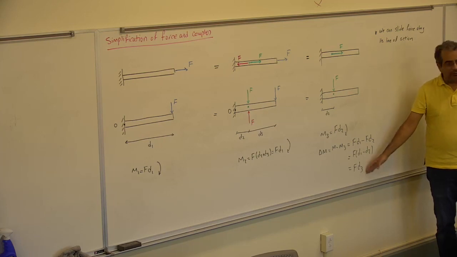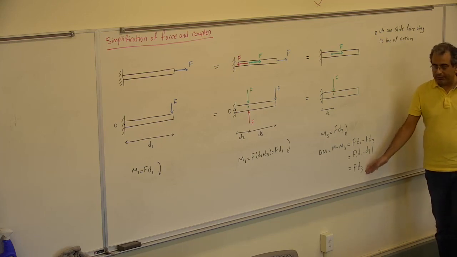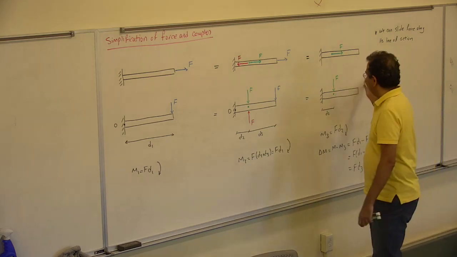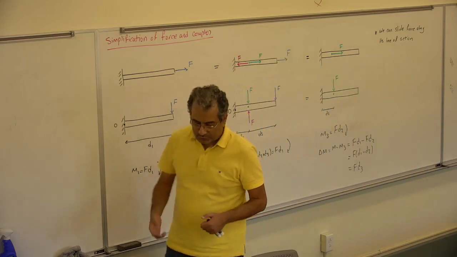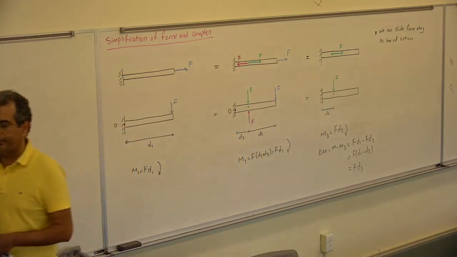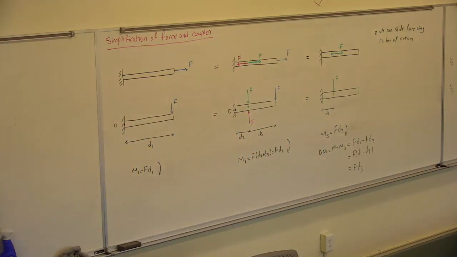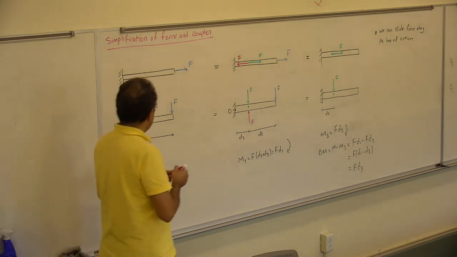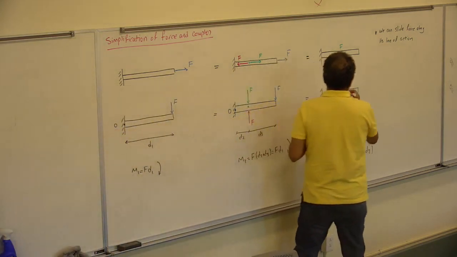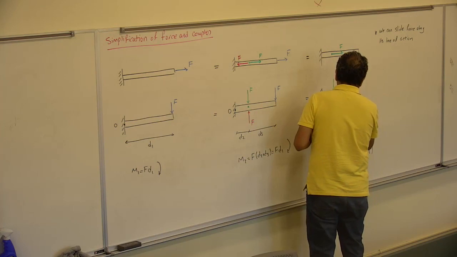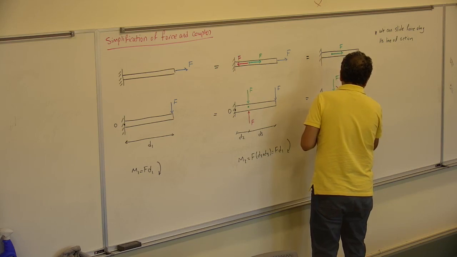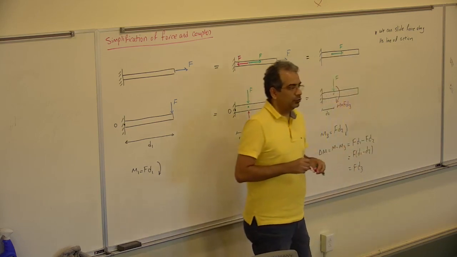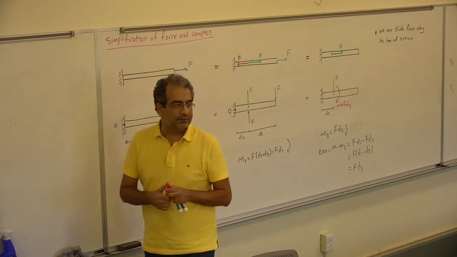So I have to compensate for that. How am I going to compensate for that? When I bring the force from here to here, I'm going to add that much moment there. I'm going to add M equal to F D3 to that point to compensate for the moment I lost.